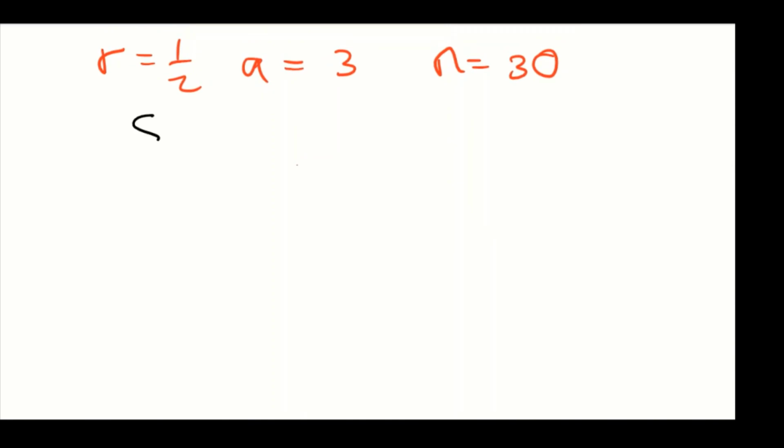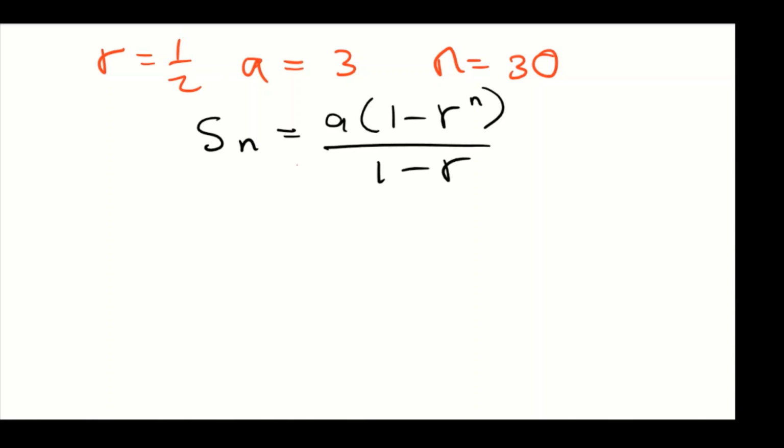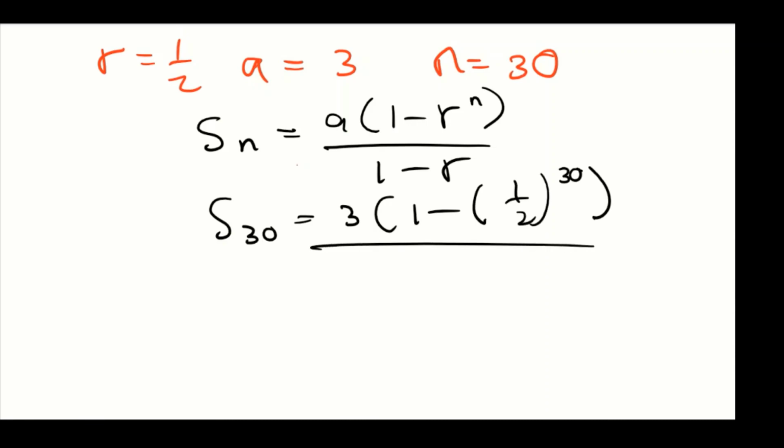So to find the sum of this geometric sequence, you're going to say the sum of 30 terms is equal to a. So to find the sum, we first write the formula of a geometric series: a into 1 minus r to the power n, divided by 1 minus r. So the sum of 30 terms is equal to our a value, which is 3, into 1 minus 1 over 2, which is our r, to the power 30, divided by 1 minus 1 over 2.